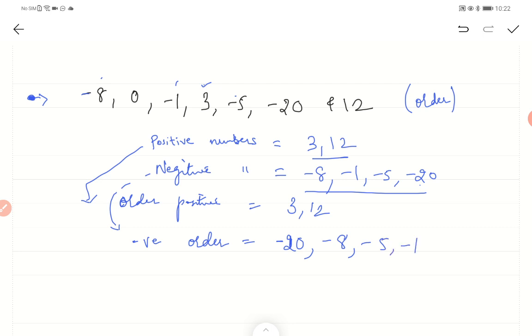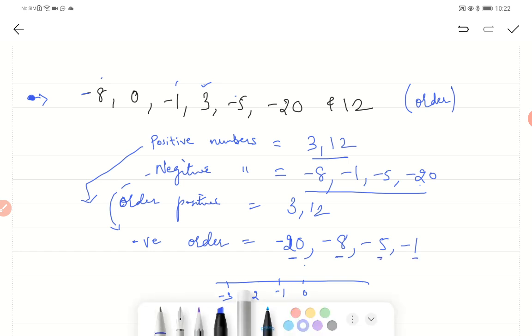Just remember, if you have any doubt in ordering negative numbers, you'll have 0 here, -1, -2, -3. The number which is going from 0 to the left side is decreasing. So -3 is less than -2, so obviously -20 will be less than -8. And -8 is less than -5, -5 is less than -1.